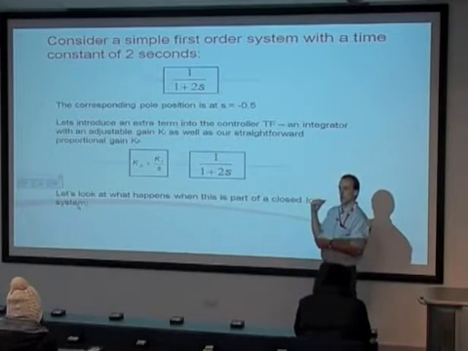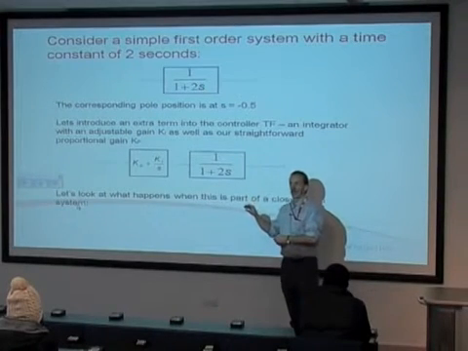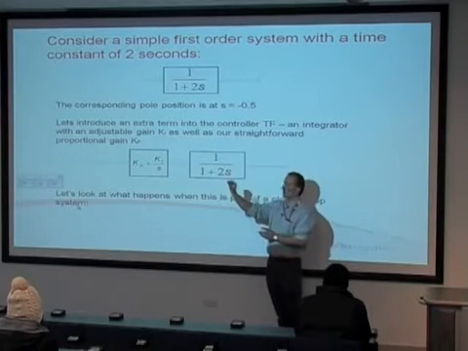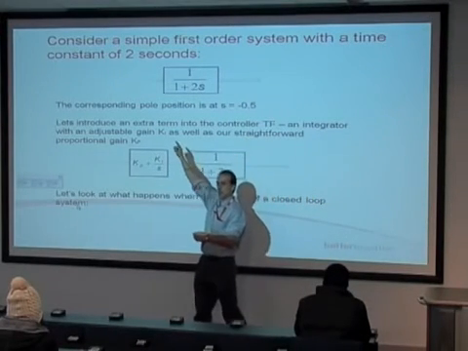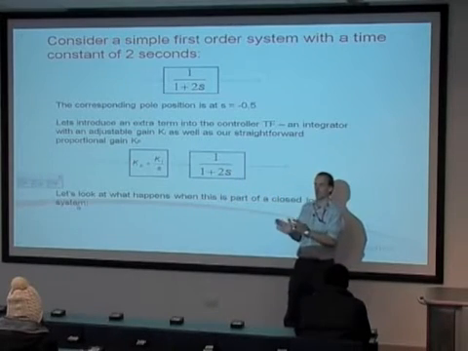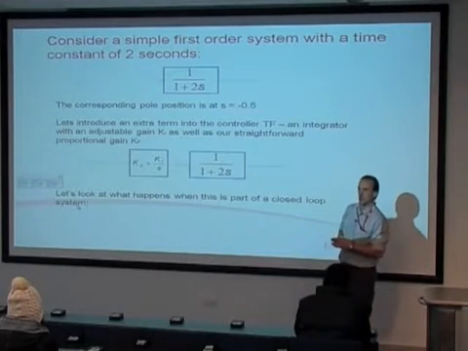And the output that we're interested in is the actual speed. The way that's configured to make a controller is we look at the output speed and feed it back in a normal negative feedback situation, and subtract it from the desired speed. That's the summing junction on the left.